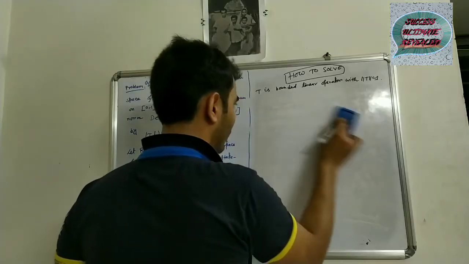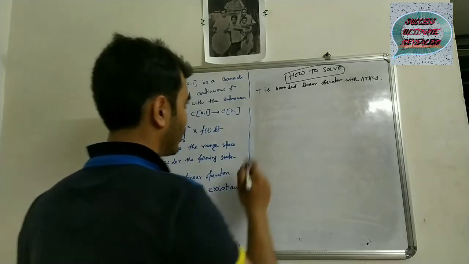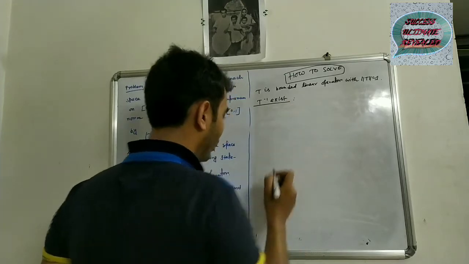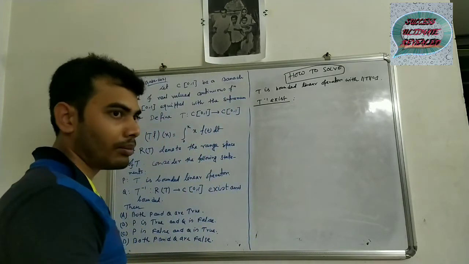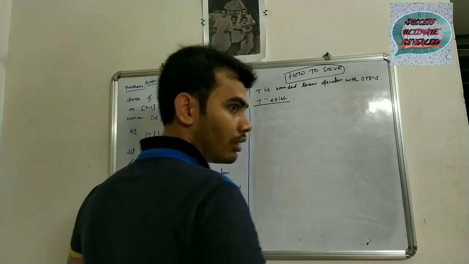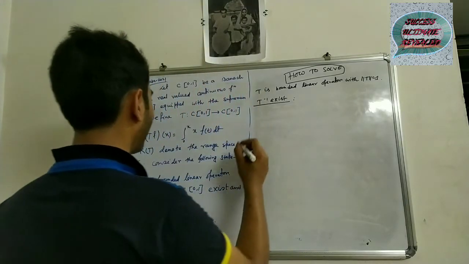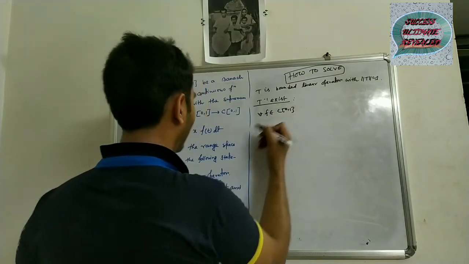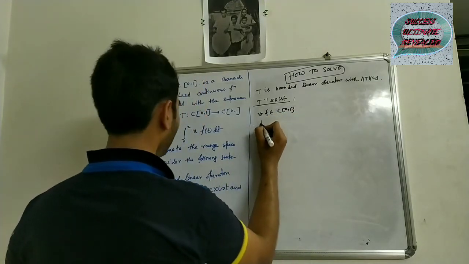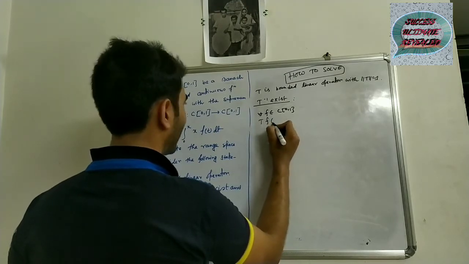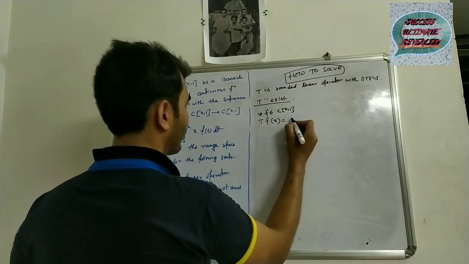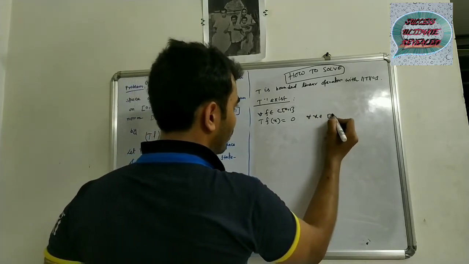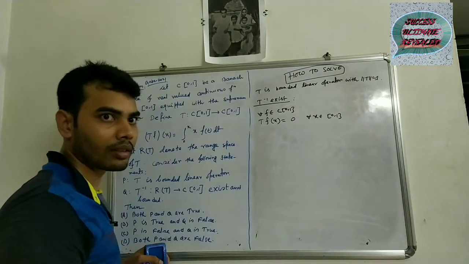Now we check whether T inverse exists or not by inverse operator theory. Okay, now for all f belonging to C[0,1], T f(x) equal to 0 for all x belonging to [0,1]. Clear?